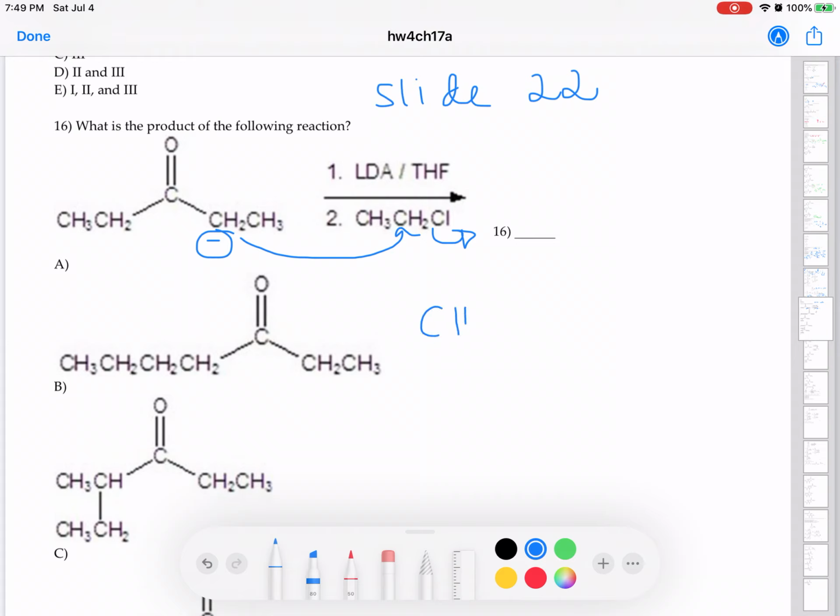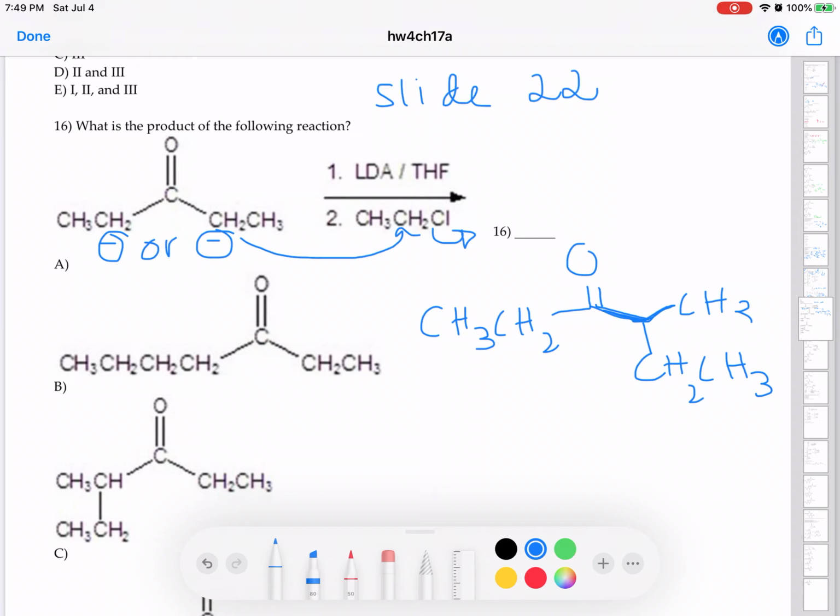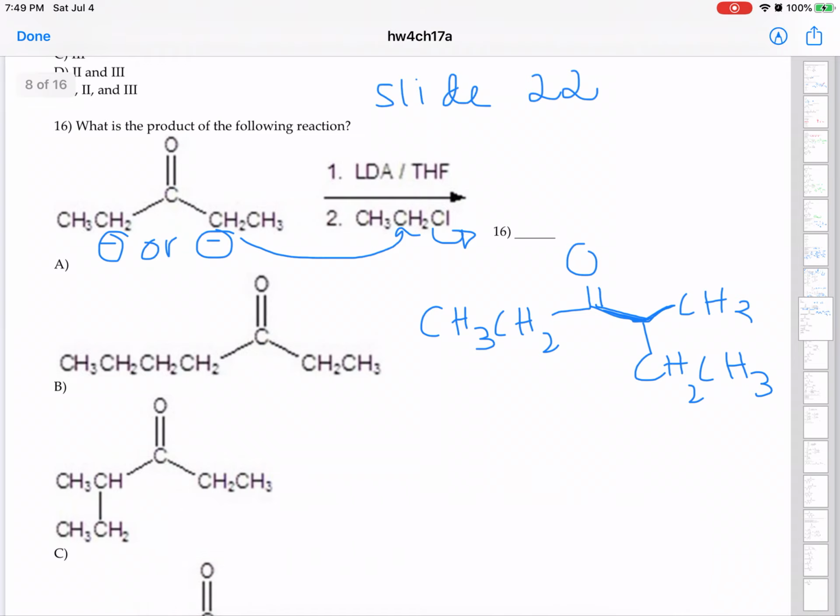So your product is going to be CH3, CH2, CO, CH, CH3, and here you can have CH2, CH3. Okay, so you find out which one it is. It could be any side, whether it's this carbanion I form or one of these. It's going to be the same.